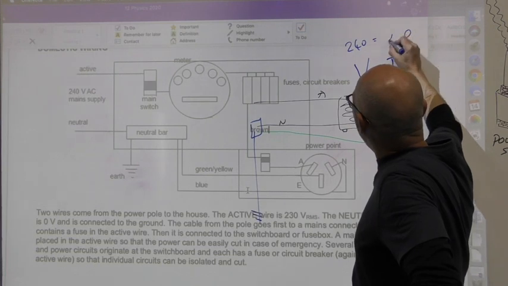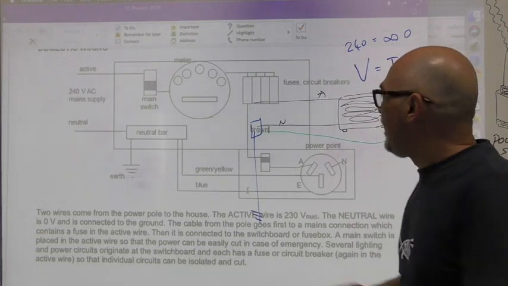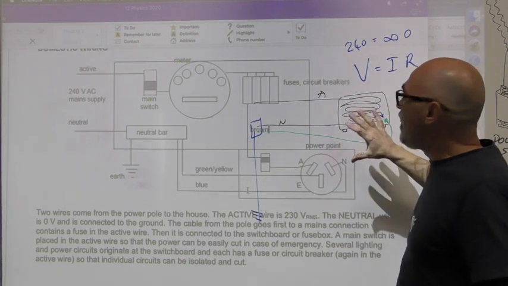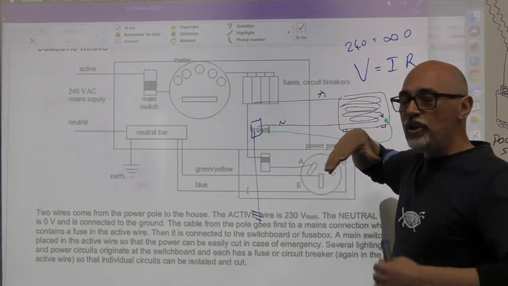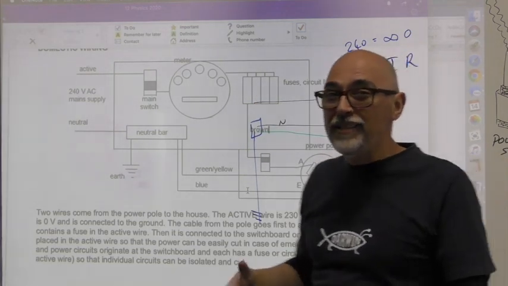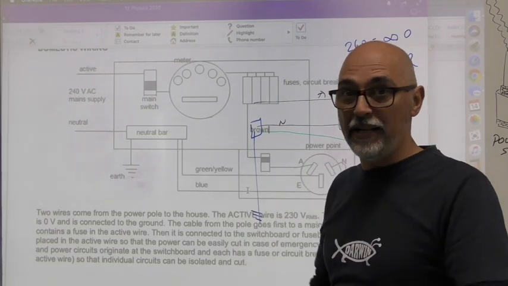Your current is going to be like huge, all right? Your current becomes huge, and that's what these breakers respond to. They respond to these huge currents, because huge currents means a lot of heat, and that's what causes things like fires and problems and death.